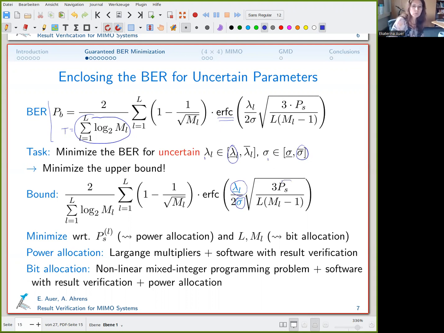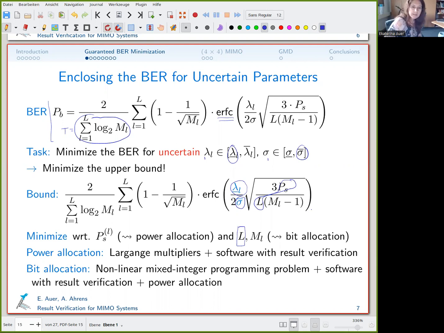So now we can minimize with respect to different factors. For example, we can minimize with respect to the power per layer. This is called power allocation. Or we can optimize with respect to the number of active layers and the constellation size. This is called bit allocation. The noise variance is of course nothing that we can optimize against, because it is a given parameter of the system. We can optimize with respect to all other variables that appear inside the BER.